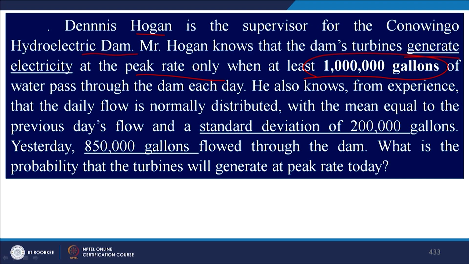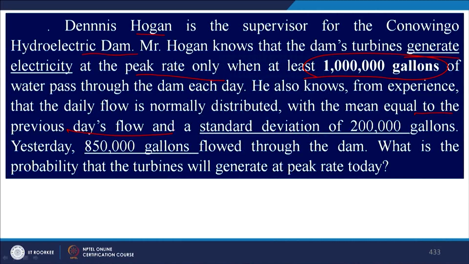He also knows from his experience that the daily flow of water is normally distributed with a mean equal to the previous day's flow. So, from experience he knows that the mean would be equal to whatever water flowed in yesterday, right.